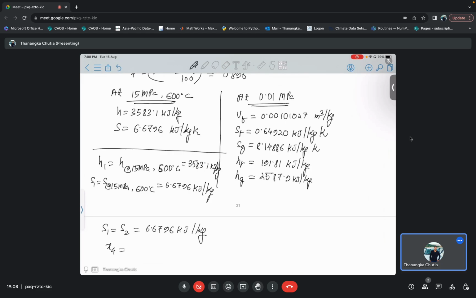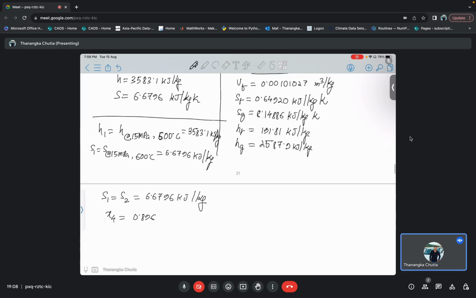We also know X4. X4 is 0.896. So from here, H4 is nothing but Hf at 0.01 megapascal plus X4 times Hg at 0.01 megapascal minus Hf at 0.01 megapascal.